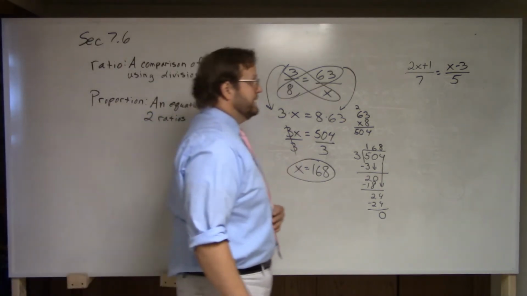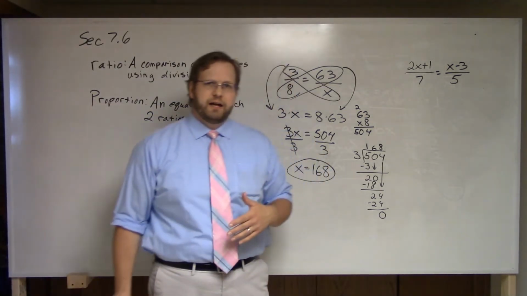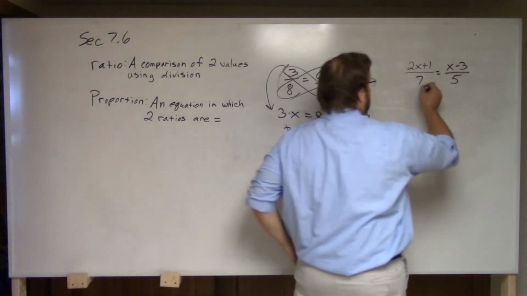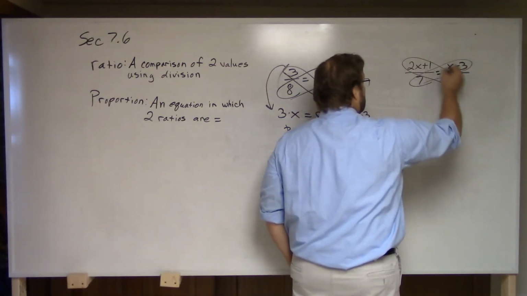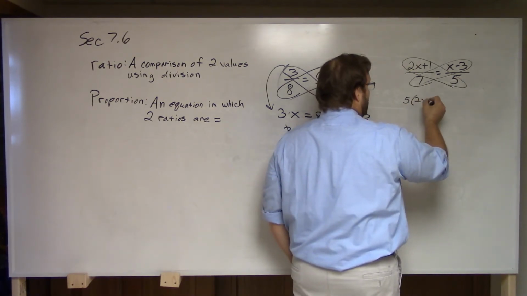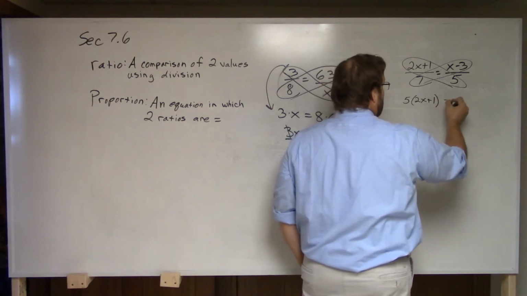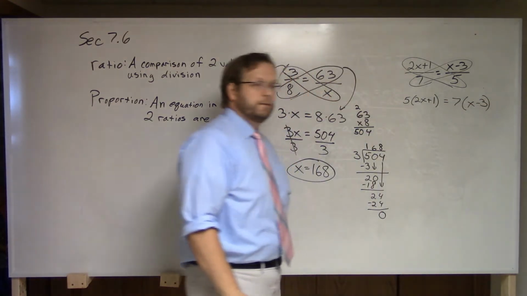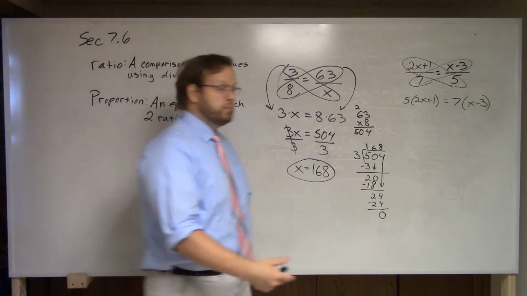Again, I could look at that and say, well, the LCD is 35, so I'm going to multiply both sides by 35, or simply cross multiply. We have a 5 times 2x plus 1, and we have a 7 times x minus 3. Okay, distribute.